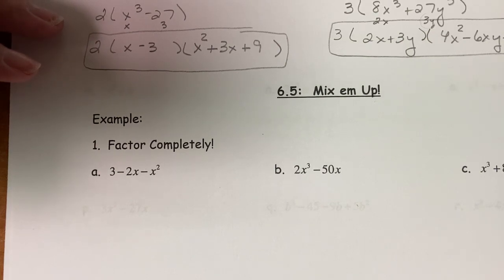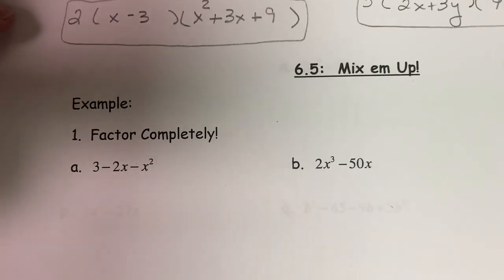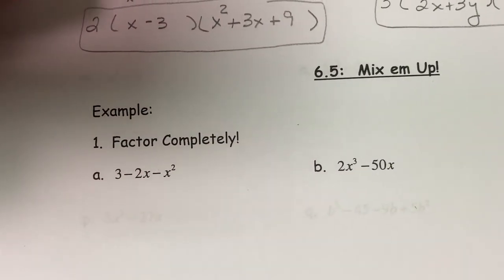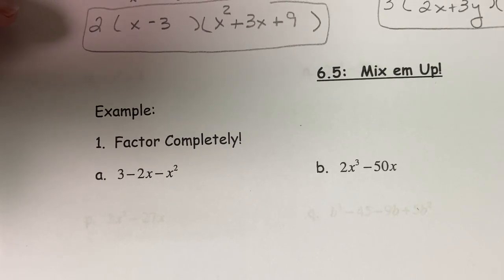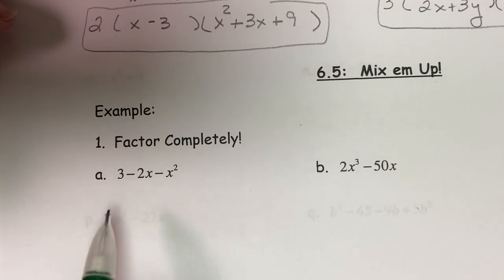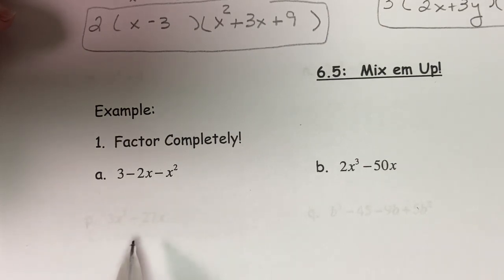The first thing you always want to do is take out a greatest common factor. You can see for 1a, there is no greatest common factor. The second step is to count the terms. There are 3 terms. If there are 3 terms, remember what we want to do is backwards FOIL.